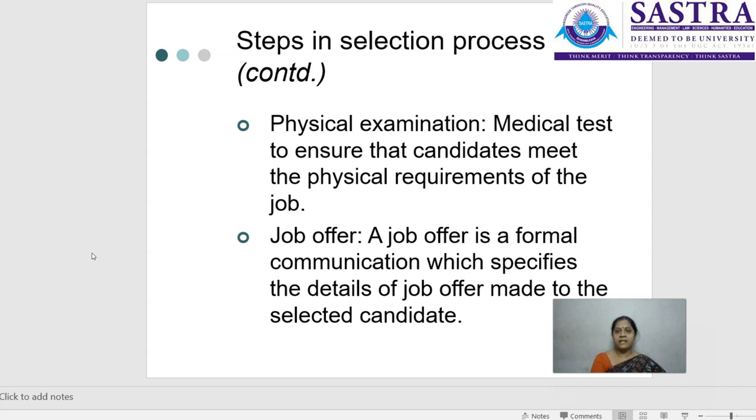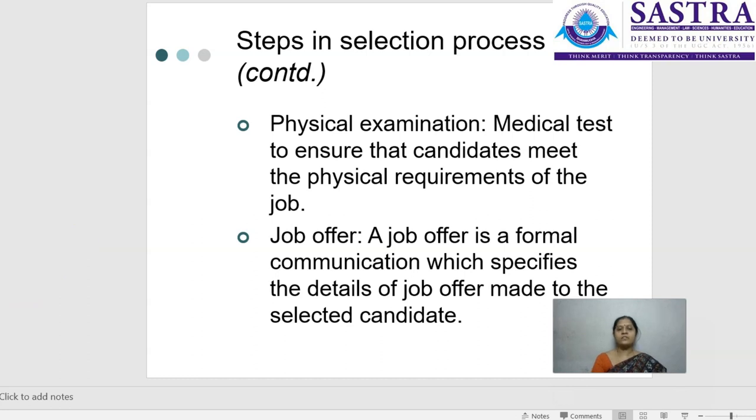And finally, after conducting all the different types of tests, job offer is provided to the successful candidate. So it is actually a formal communication which specifies the details of job offer made to the selected candidates.